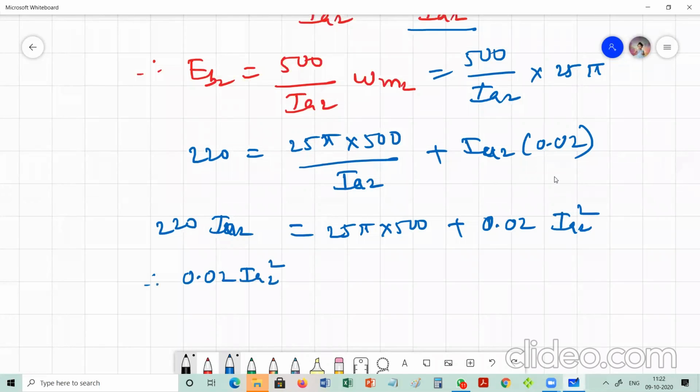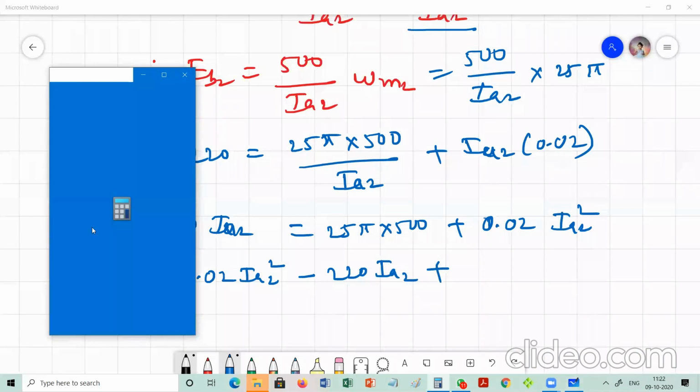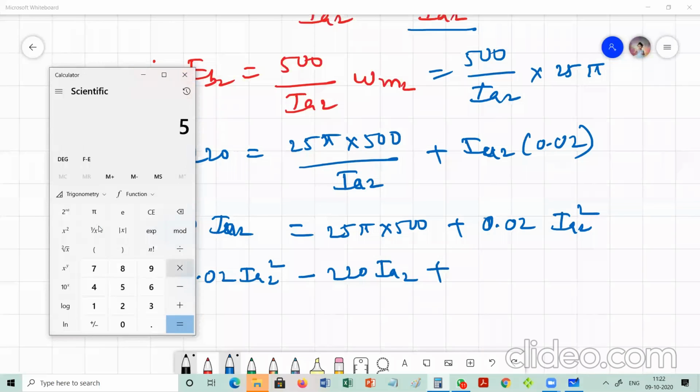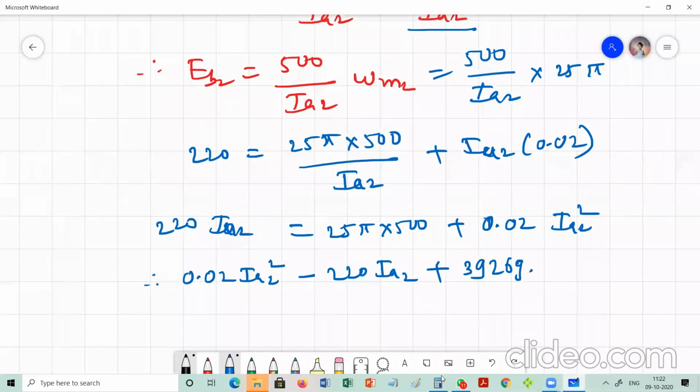Therefore 0.02 IA2 square minus 220 IA2 plus, I will solve the third part, 25 into 500 into pi, which is 39,269.91, is equal to 0.